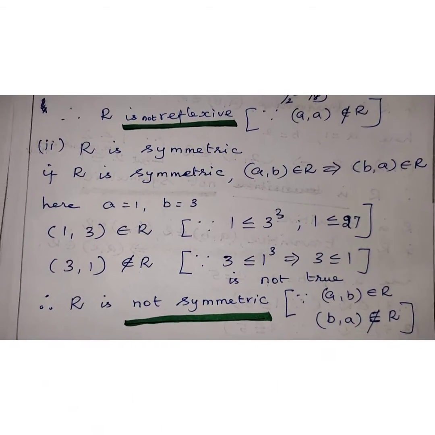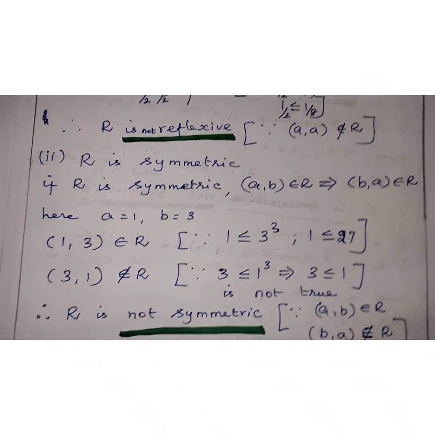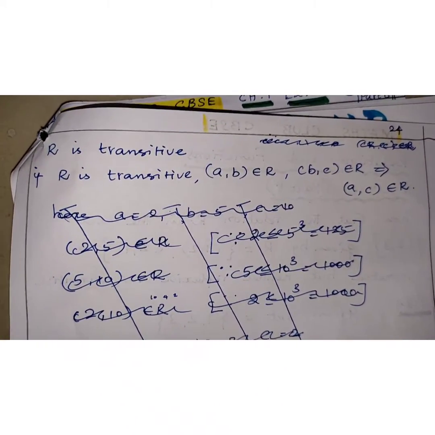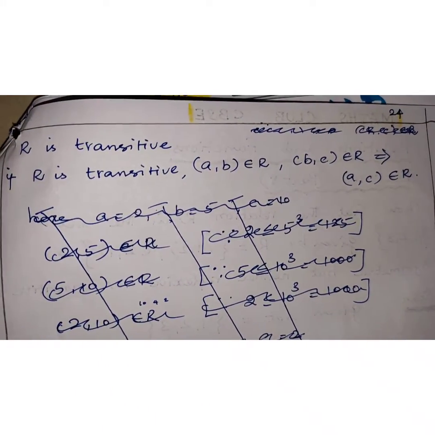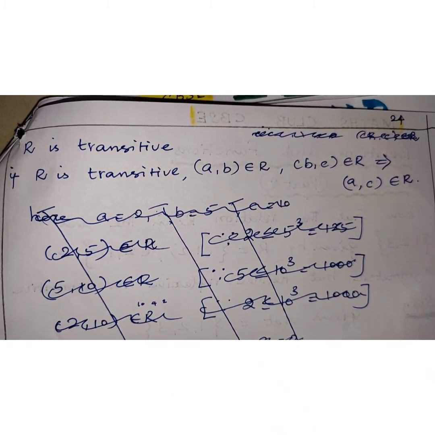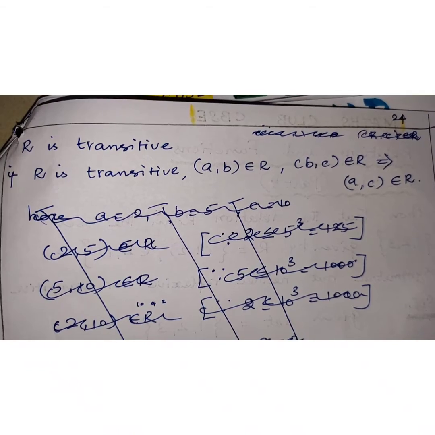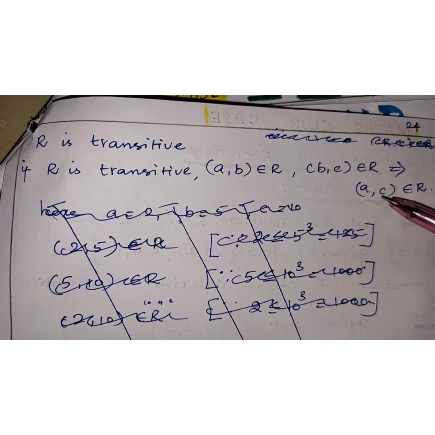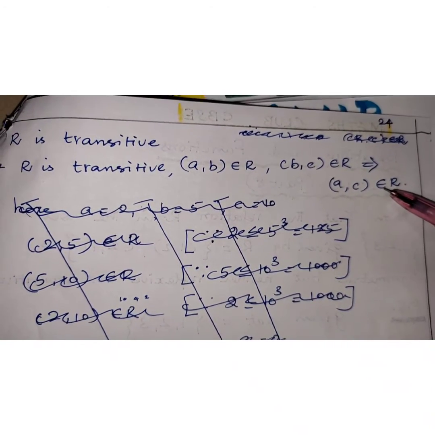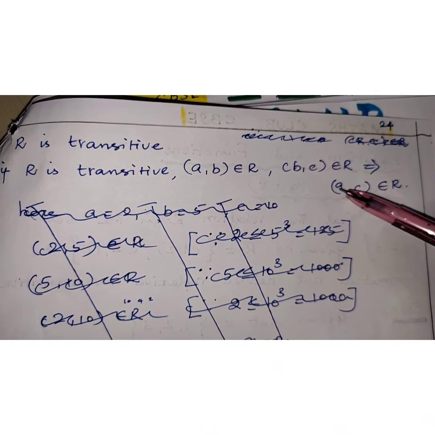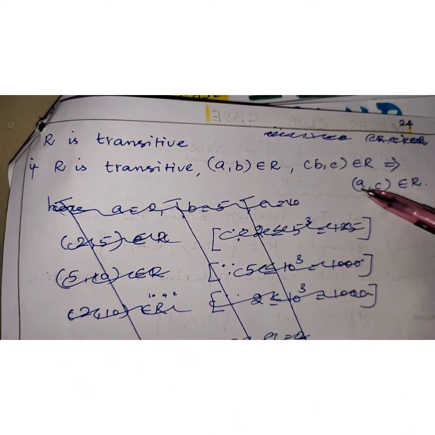Now, is R transitive or not? Now we have to check whether R is transitive or not. If R is transitive, what does it mean? (a, b) belongs to R and (b, c) belongs to R will imply that (a, c) belongs to R. If these three conditions are true, then only we say that R is transitive.